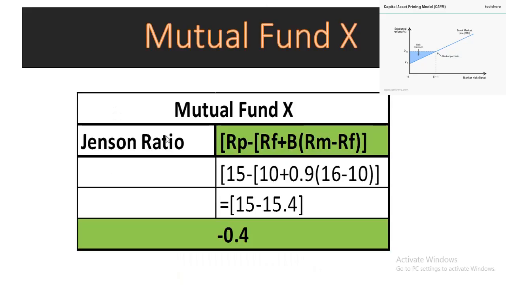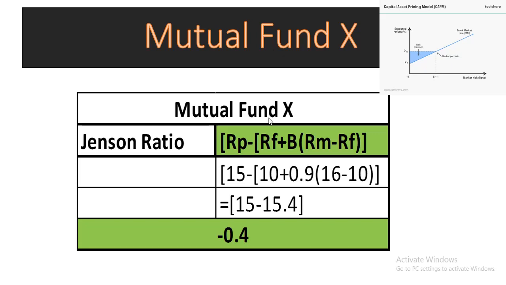So for portfolio X, portfolio X is giving 15%, but as compared to the risk involved in mutual fund X, the return should be 15.4. That means as per Jenson's alpha, mutual fund X is giving minus 0.4% return. So we should not invest in mutual fund X.